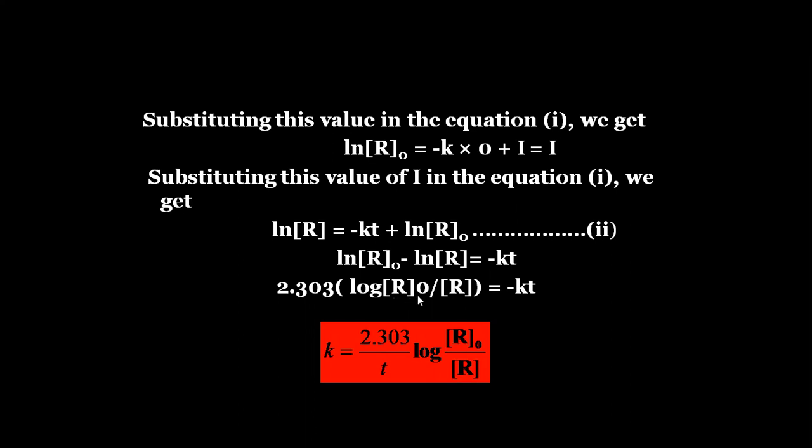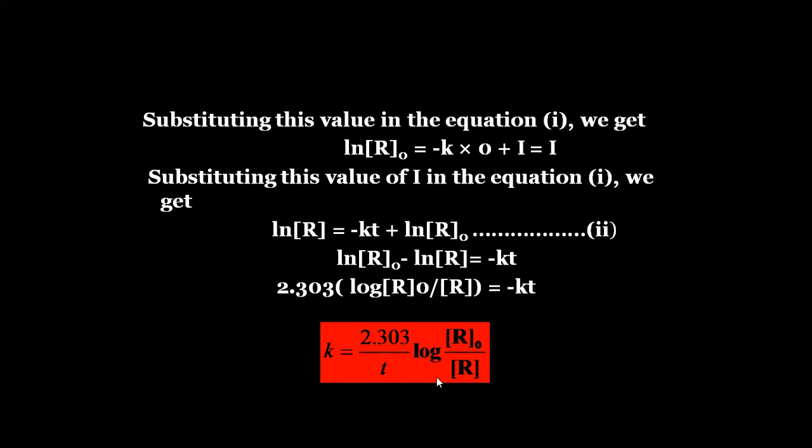Please correct this, this will not be minus, this will be plus. There is a slight typing mistake over there. If I rearrange it, k will be equal to 2.303, and t will go in the denominator, times log of r naught by r.